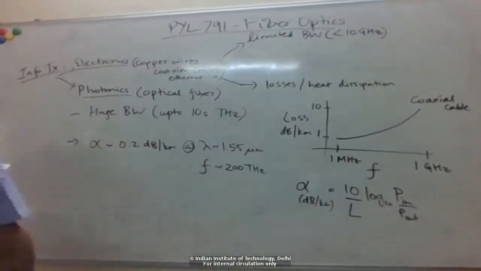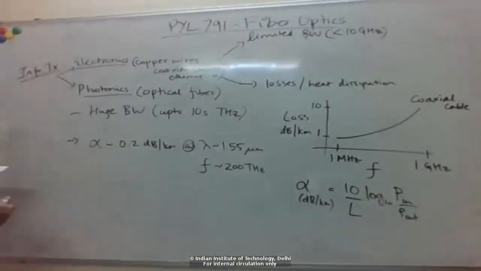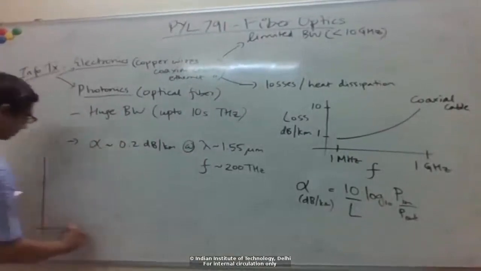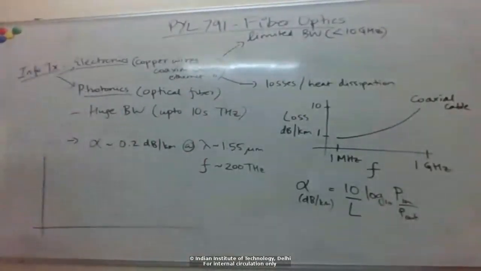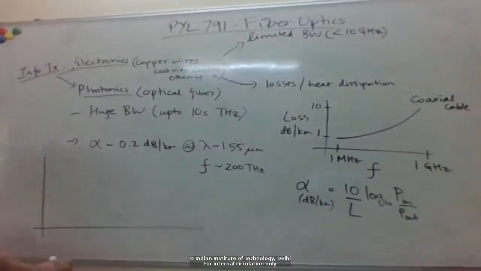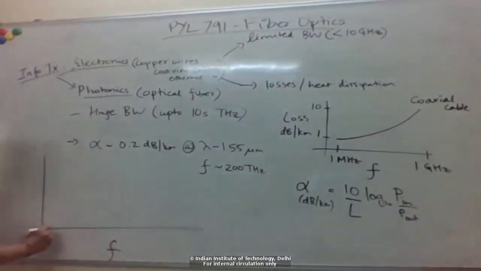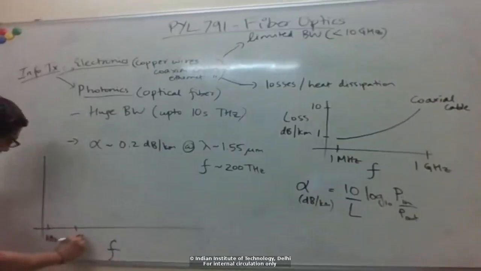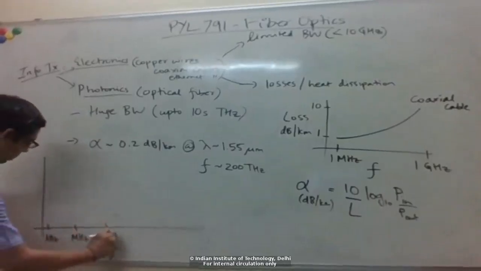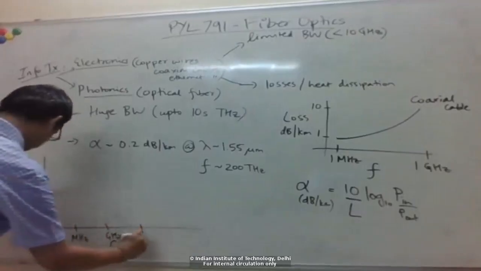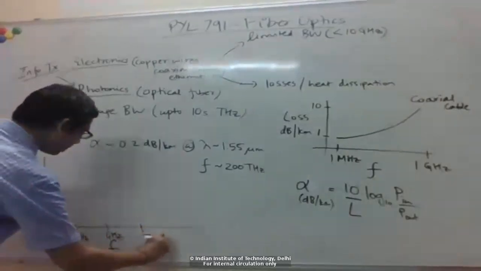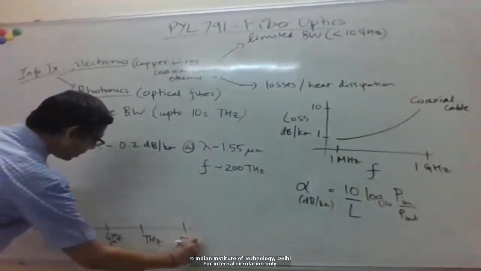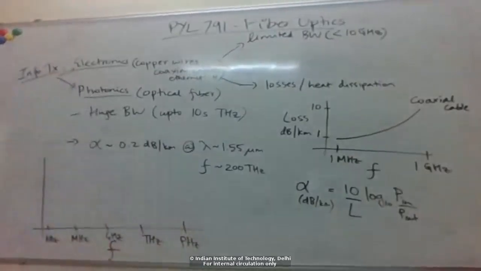If we compare them on the same scale, you can plot frequency on the x-axis, going all the way from kilohertz, so the x-axis is on log scale, megahertz, gigahertz, terahertz, all the way up to petahertz, which is 10 to the 15 hertz.